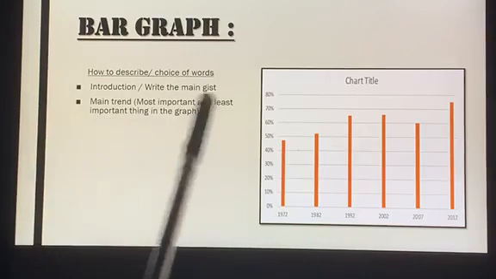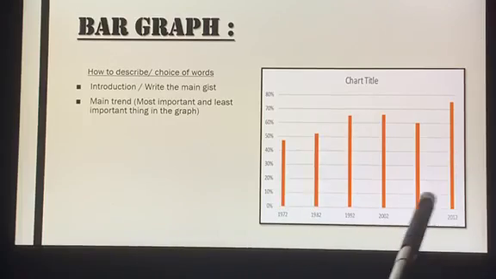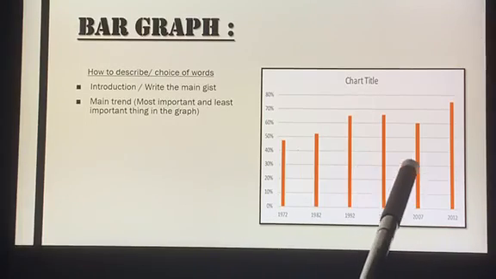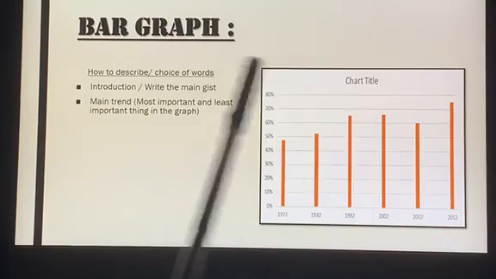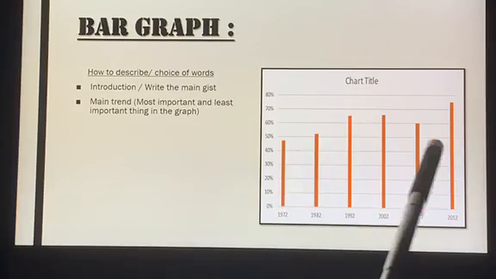In the main trend, you sum up some of the pattern that is shown in the graph. যে প্যাটার্নটা এখানে শো করা হচ্ছে সেটা তুমি একদম সংক্ষেপে 1 বা 2 সেন্টেন্সে মেনশন করবে.